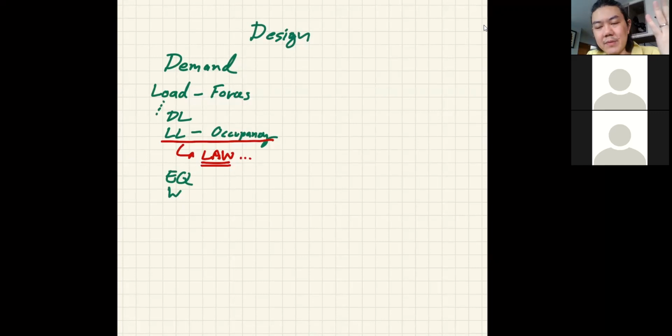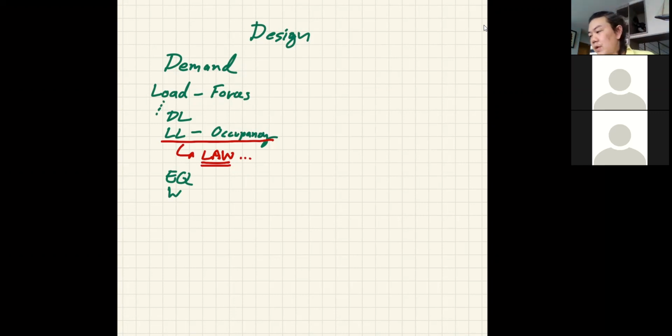It doesn't have to be the building, but this concept is for everything that you do as a civil engineer. It could be foundation, it could be piles, it could be dam, it could be road, it could be anything. But for the fact that I am a structural engineer, I tend to use the word structure all the time. But what I'm saying is that it doesn't have to be structure. The design concept is applicable to anything that you would do in the future.